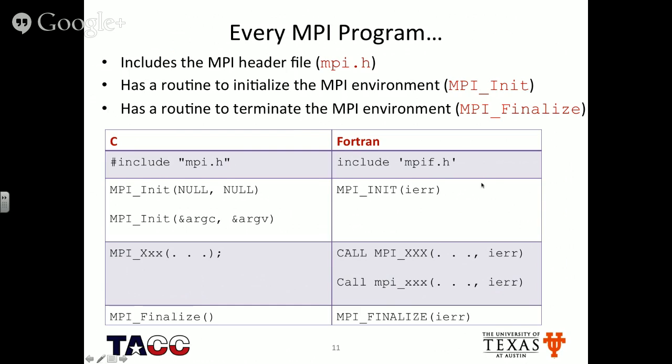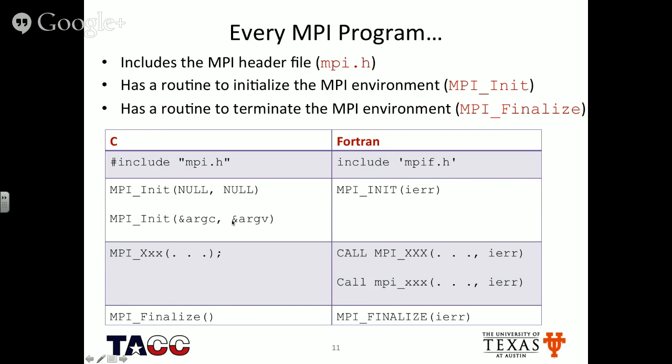And that's what's buried in these include files. It just defines some constants that MPI uses, some data types that MPI uses, and how these functions work. In other words, what are their arguments? What do they return? And so to start up any MPI program, you have to initiate it.